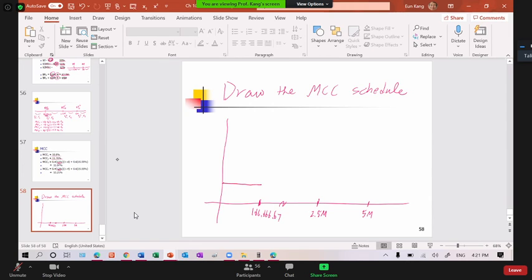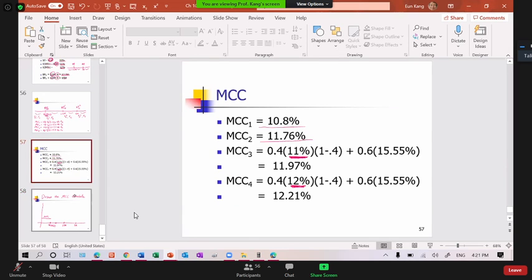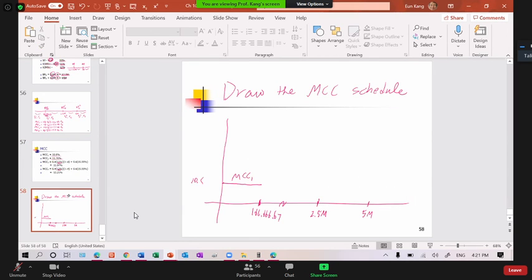From 0 to here, there is MCC1, and that is 10.8%. From 166,667 to 2.5 million is MCC2, and that's 11.67%. And from 2.5 million to 5 million is MCC3, that will be 11.97%.